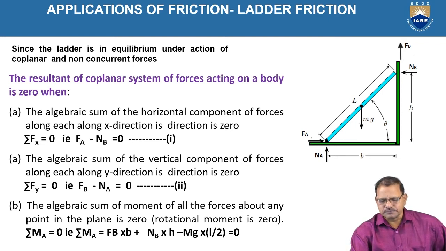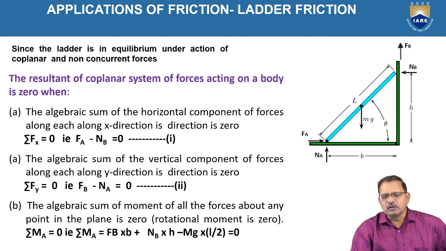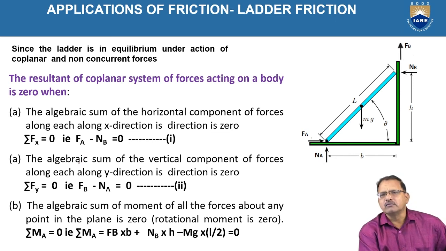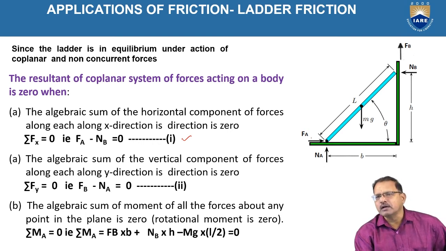So, in the first case, the sum of the forces acting along the horizontal plane, sigma Fx: FA is acting toward the right side, positive, and NB is acting toward the left side, negative. It should be equal to 0. It is represented as equation number 1. Similarly, the sum of the components of forces acting in the y direction should also be equal to 0.